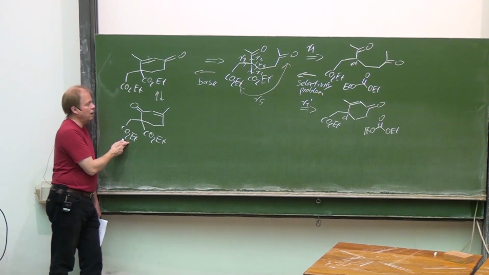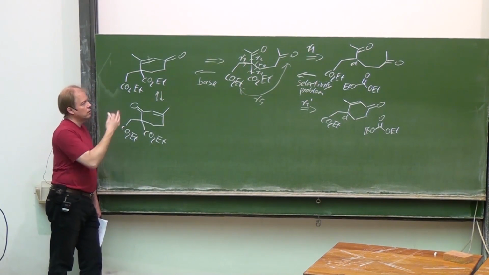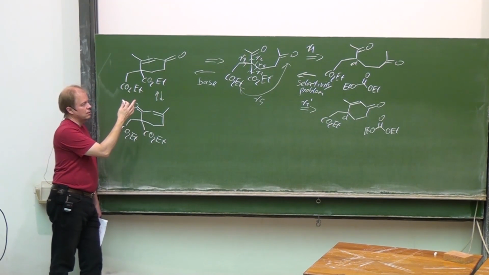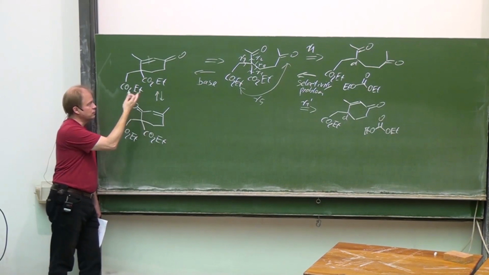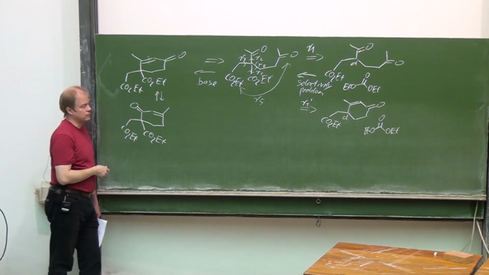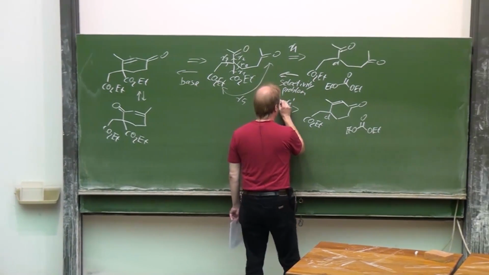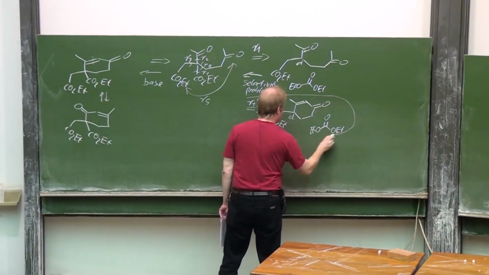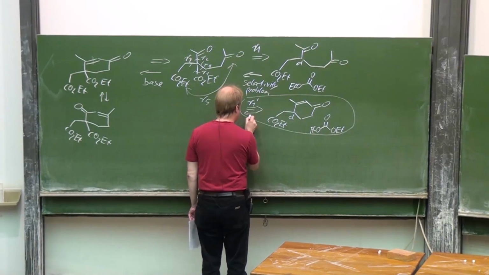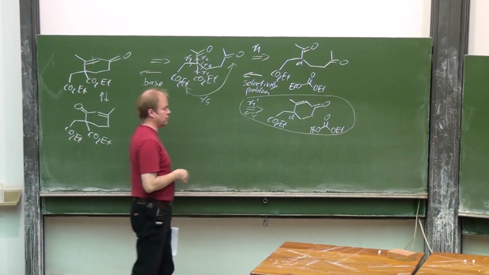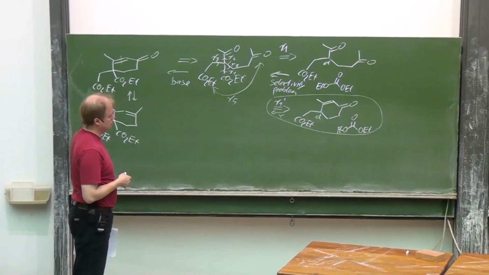So these are all considerations one has to go through while making the plans for synthesizing a molecule like that, of course. So, okay. Now, this seems to be rather reasonable. Okay?